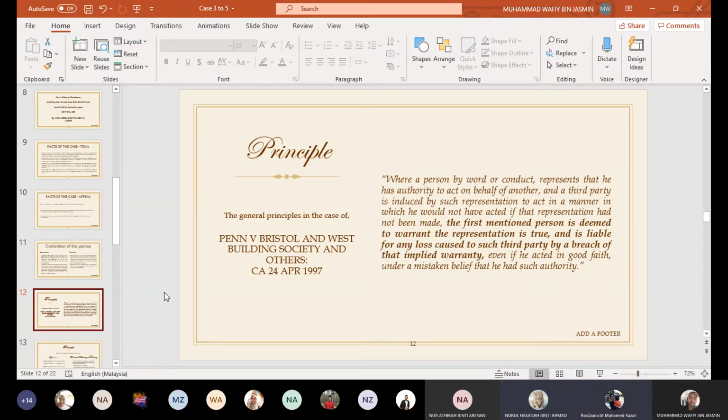It was held that if it was proved that the counsel exceeded or did not act, it was proved, dibuktikan. So it was the solicitors that is wrong in here.